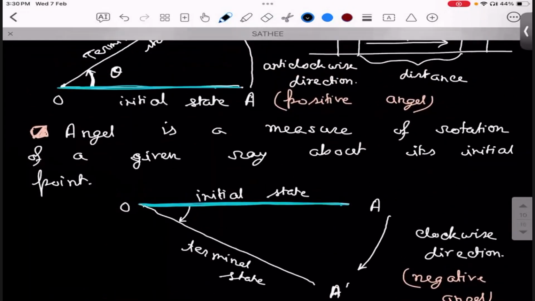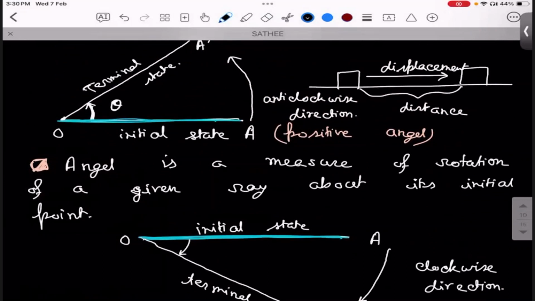Now if the displacement of the terminal side from the initial side is the same, but the direction is clockwise in one case and anti-clockwise in another, then the angle will change sign. So assume that this is our initial state and this is our terminal state. We already knew.